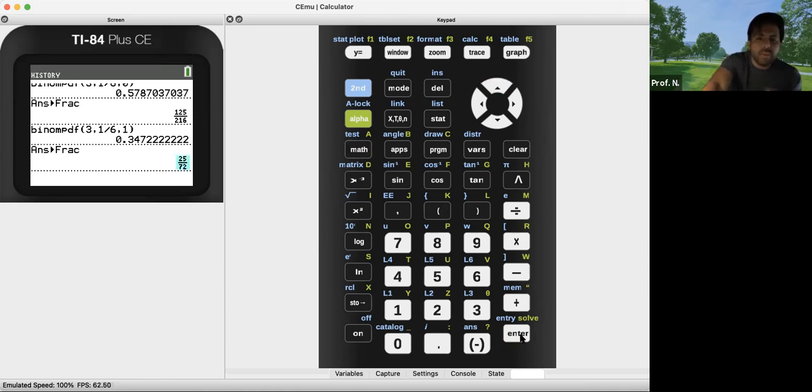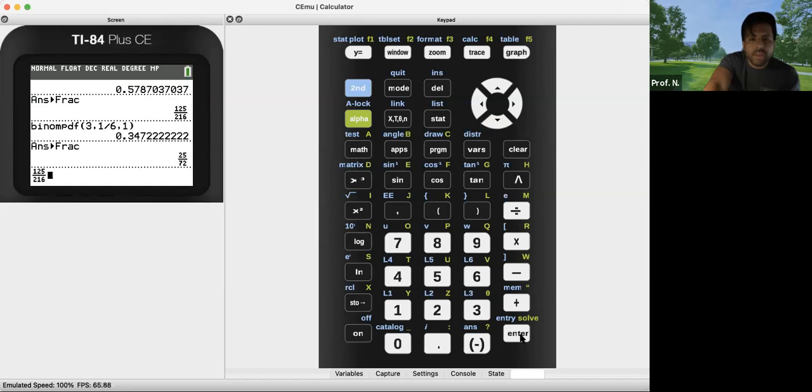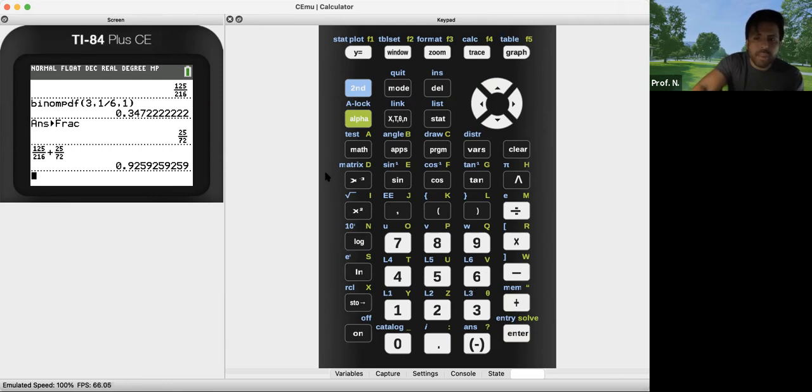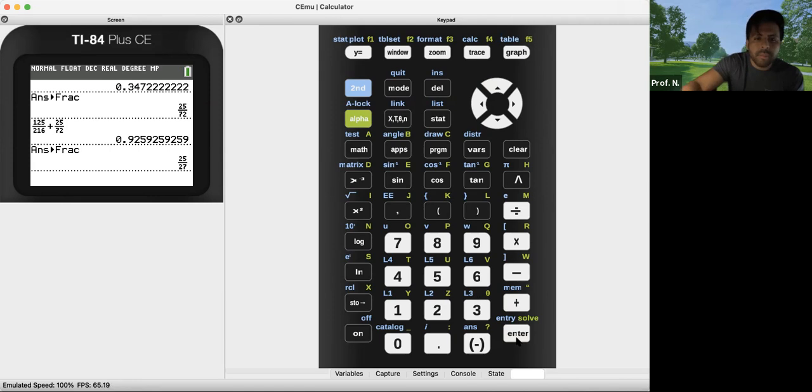So I can make the calculator work for me. So if I press 25 and then I add this one here, what do I get? And I go math, enter, enter. I get 25 over 27.